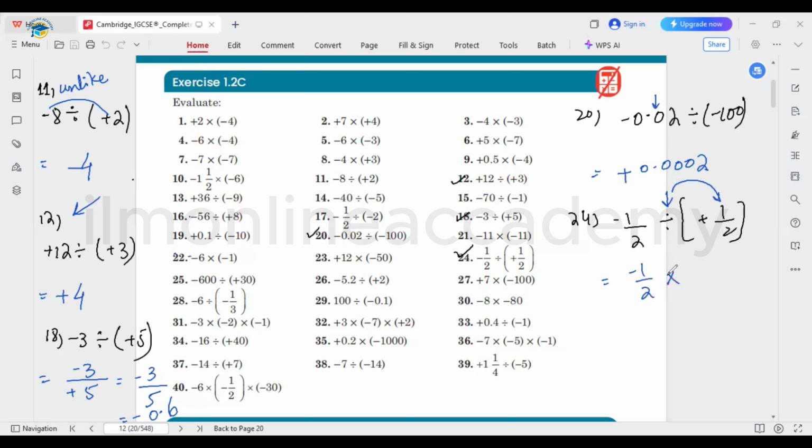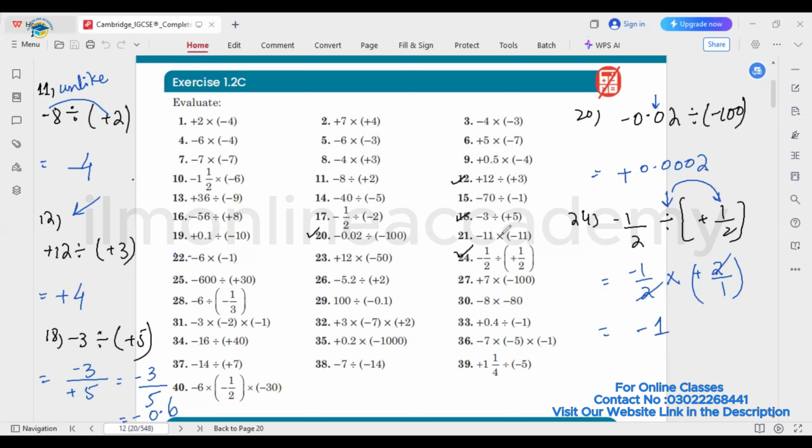The division sign I'm going to change into multiplication, and this +1 by 2 would be changed into +2 by 1. You can write it in this way as well. This 2 would be cancelled out with this 2. You can do cancellation as well, and positive negative would be -1, 1 times 1. So in this way, if fractions are given, you can use the division accordingly.